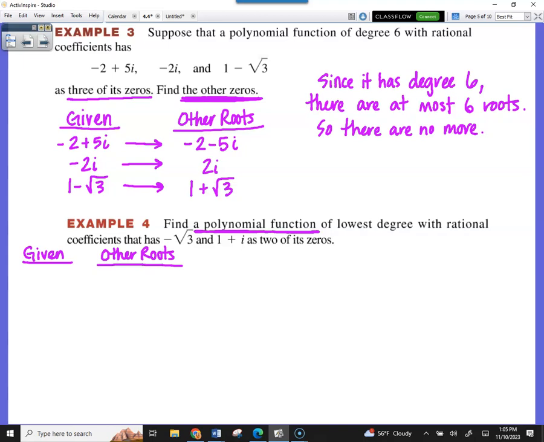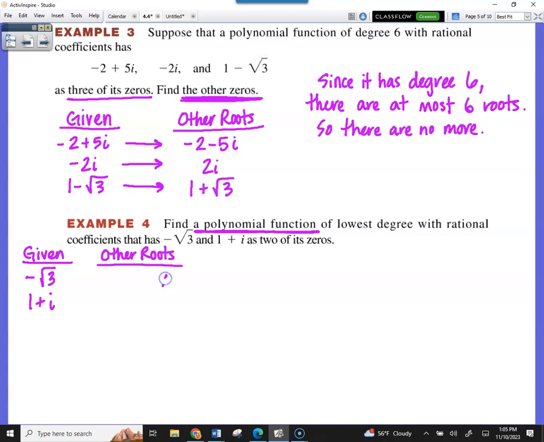So what did they give me in the problem? Negative root 3 and 1 plus i. Remember, the only ones that have a secret hidden partner are the ones with an i or a radical. If they had said just negative 3, then you do nothing with it.